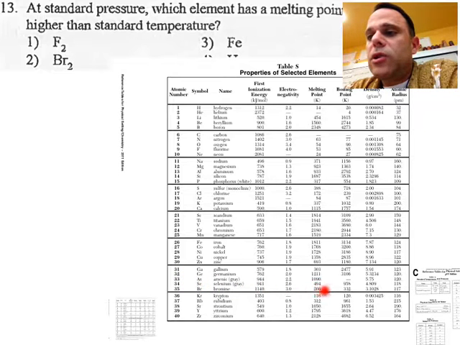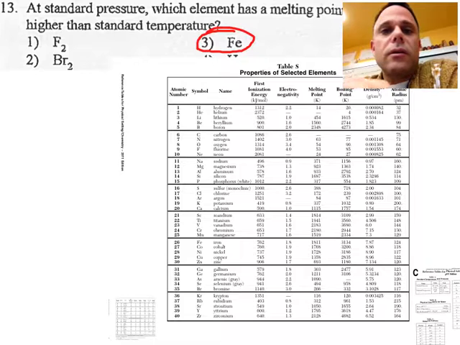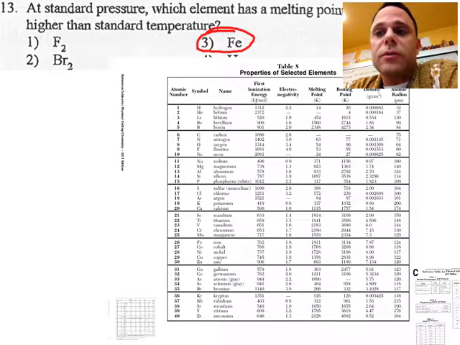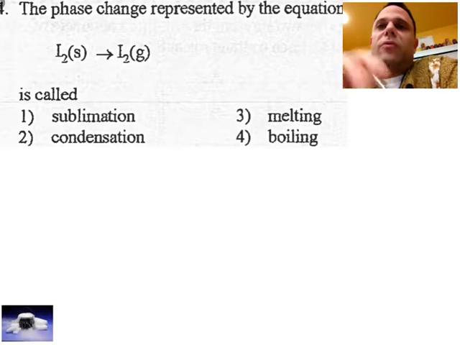Bromine, 266. Close? No cigar. Iron, 1,811 Kelvin. Far above standard temperature. Answer is 3.